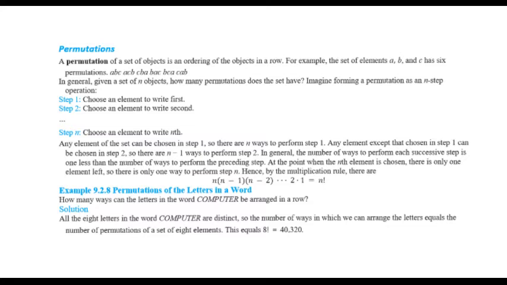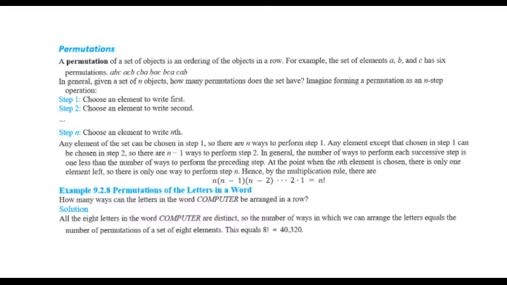In the second step, you need to choose an element to write second, and the last step, which is the nth step, is to choose an element to write in the last place, which is the nth place. So in order to find the total number of permutations, we have to find out in how many ways we can do each of these n steps, right?